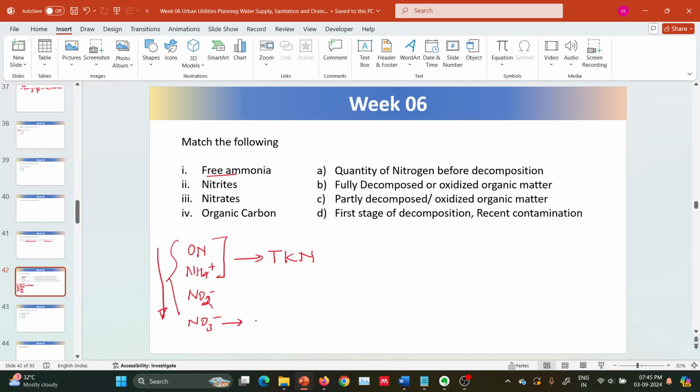So this is called nitrate. This is called nitrite, and this is called free ammonia. And this is called organic nitrogen.